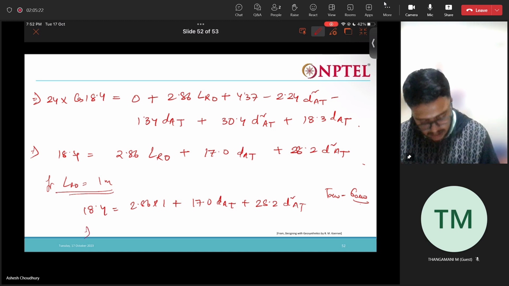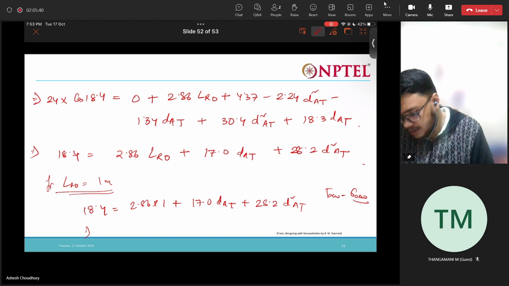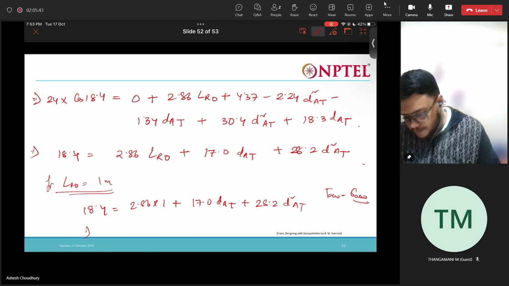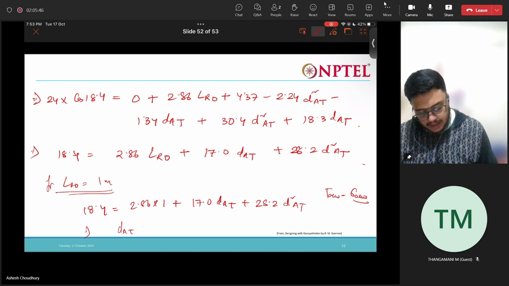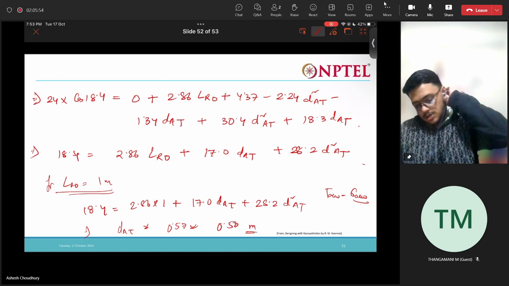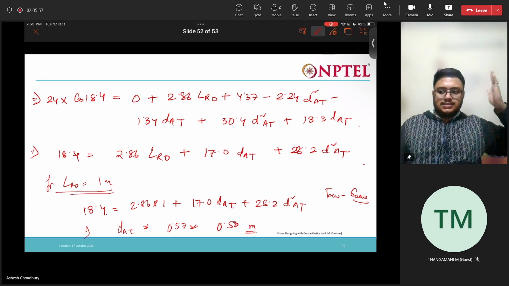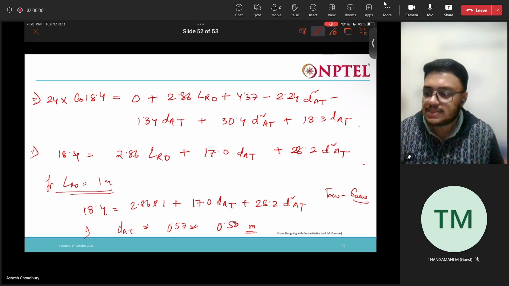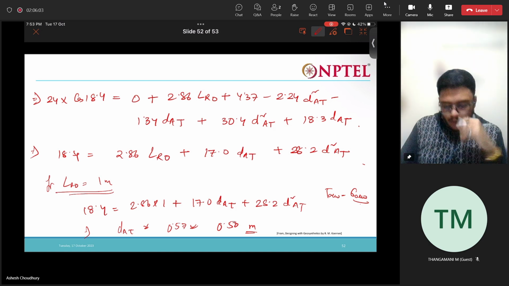If we solve this, this DAT will come at approximately 0.57, so we can take it as 0.50 meter. So if we take the run out length as 1 meter, then we are getting this depth of trench as 0.5 meter.